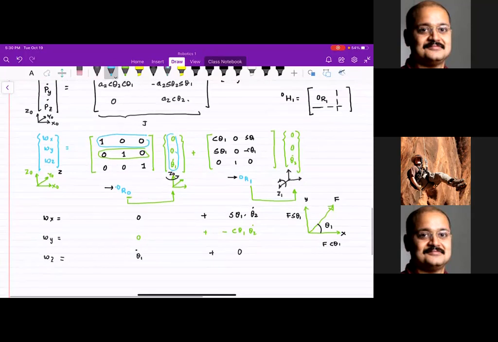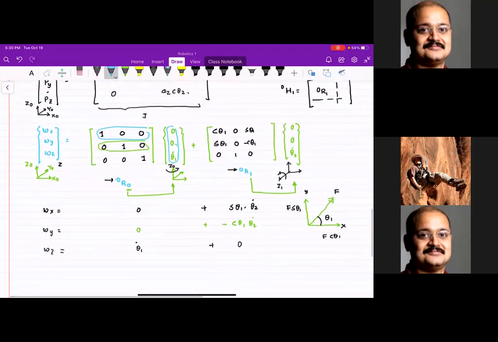But I always try to emphasize that physical interpretation is super duper important, because just like linear velocity is a vector, if you have a linear velocity at an angle, you can resolve a component of linear velocity about x, linear velocity about y. Similarly, angular velocity is also a vector.